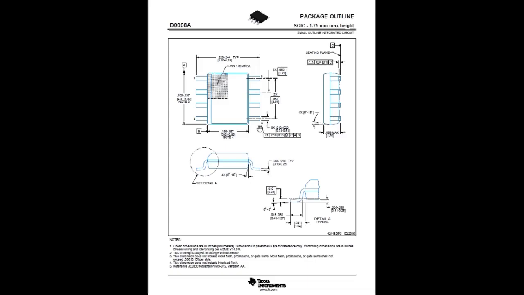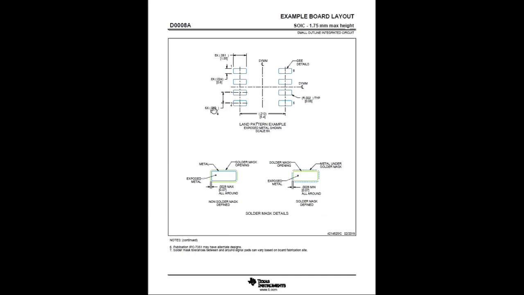Now every datasheet talks about the component's package, its dimensions, and how it looks. This device supports 3 packages. This is the SOIC package, its dimensions, and its PCB layout land pattern. Simply following these numbers and creating this land pattern on the layout, we can have a footprint on the layout.